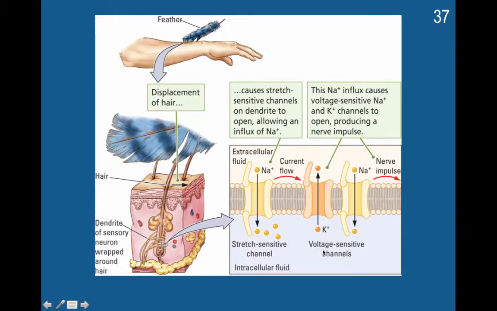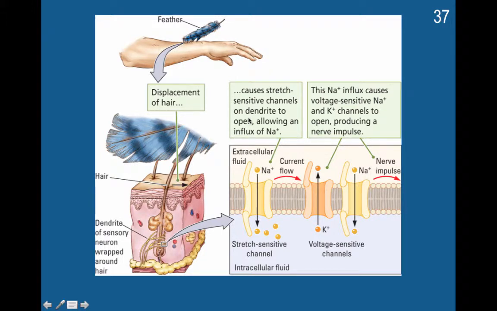And once it becomes more positive, then the potassium channels open, and they start to let out the potassium ions, which are going to eventually return the cell to be more negative. Meanwhile, these sodium ions diffuse, and they have sufficient positivity to again result in the opening of these voltage-sensitive Na channels that will produce a nerve impulse.